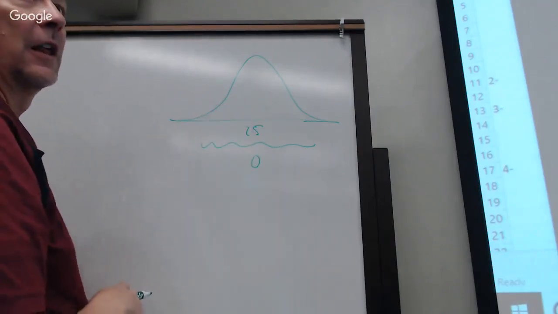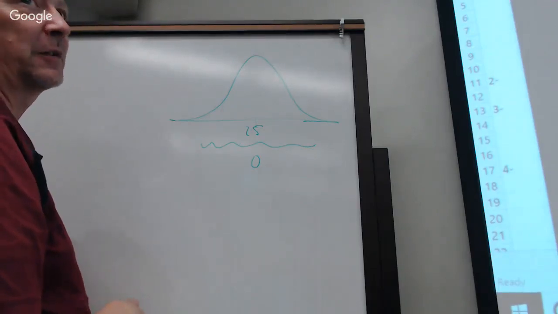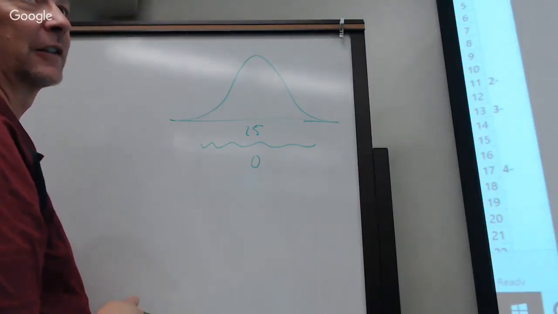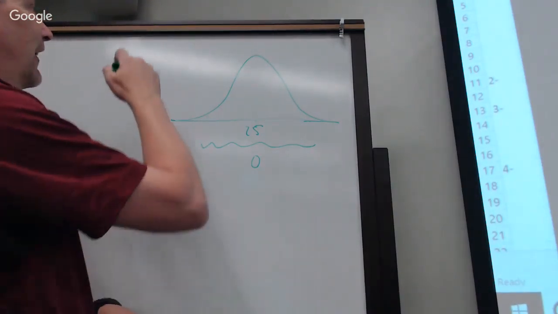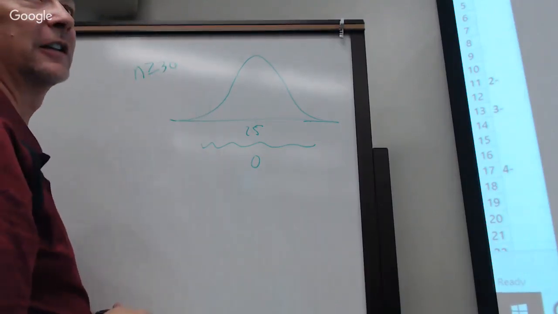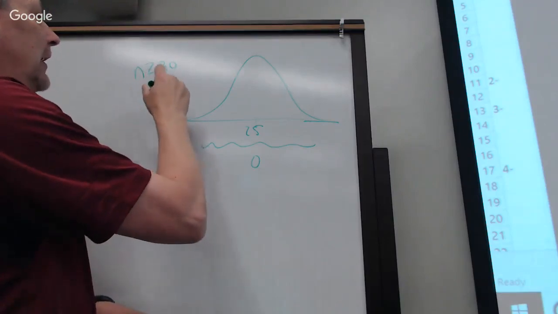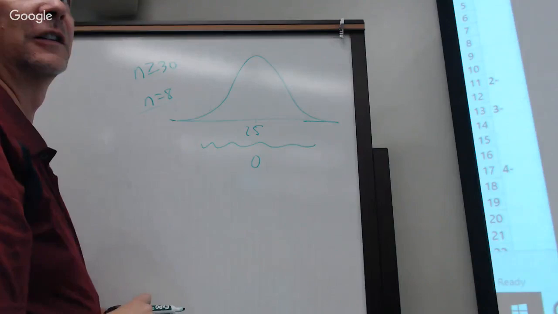Now, in order to use the normal distribution, how big does my sample size have to be? N has to be greater than or equal to 30. How big was my N? 8. My N was equal to 8, and you guys didn't even stop me there and say, that's too small.